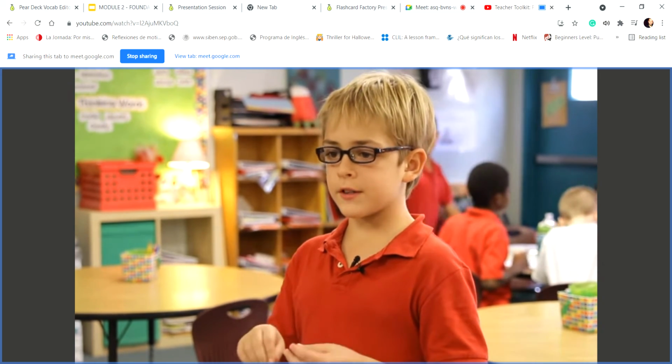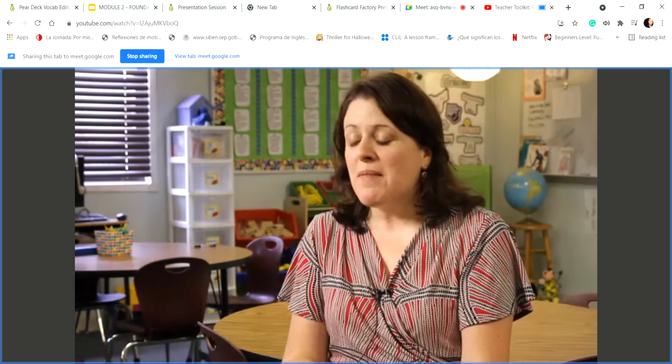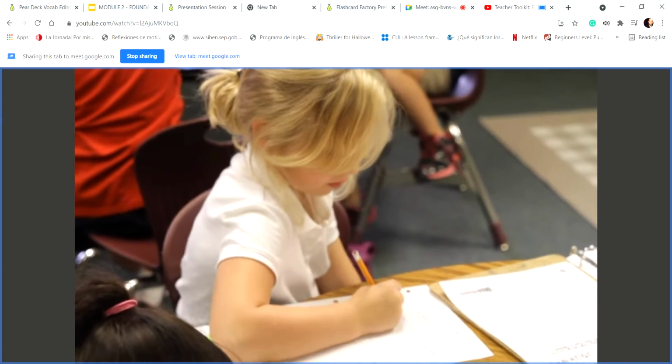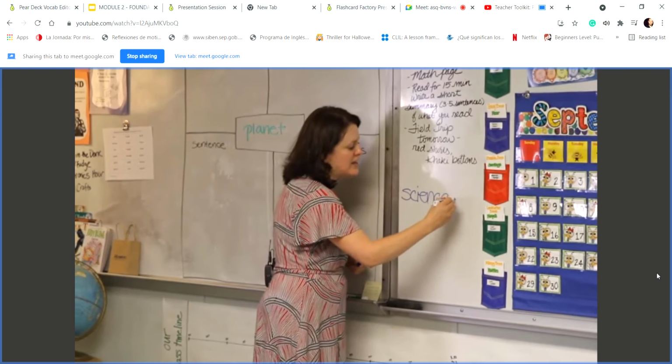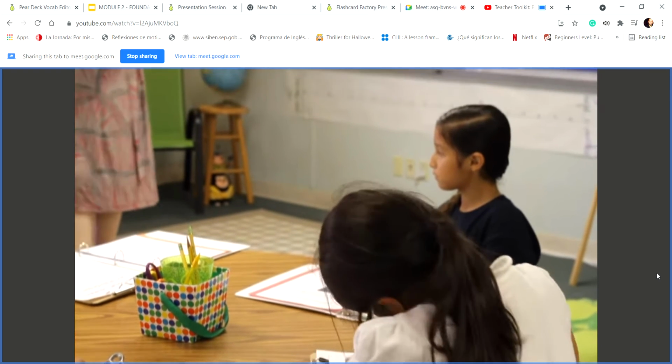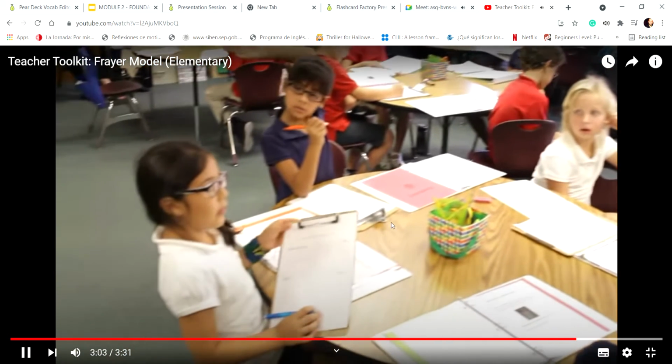You have to learn and you have different examples so you can understand. My students like the Freyer because they really enjoy knowing what a word means, exactly what it means. They enjoy drawing. I have a lot of artists in my class.